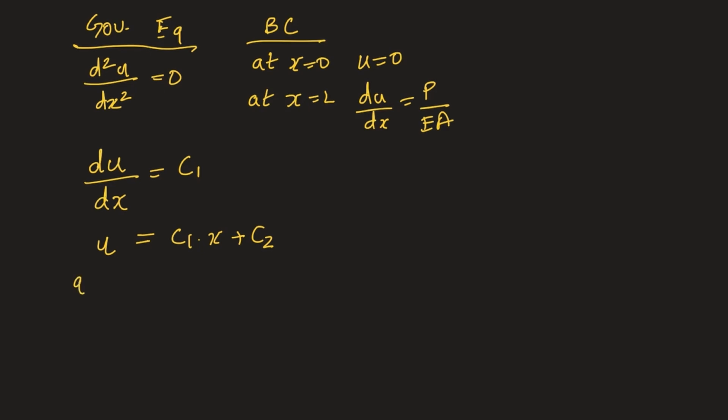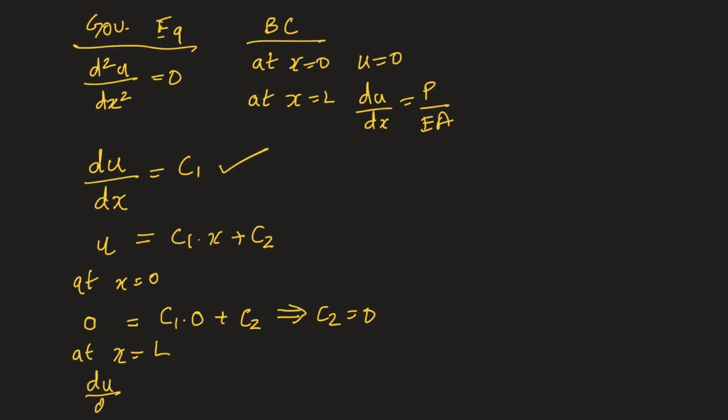So at x equal to 0, what we have is u is equal to 0, that is equal to c1 into 0 plus c2. This implies the value of c2 is equal to 0. And the second boundary condition is at x equal to L, where we have the value of the derivative. So we will substitute that in this expression. du by dx is equal to P by EA, and that is equal to c1.